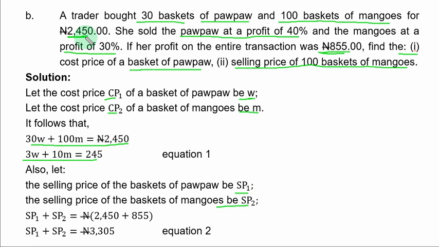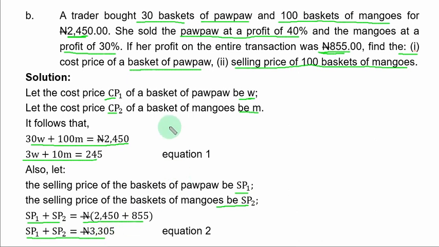So the sum of the selling prices of the two items is equal to the total cost price plus the profit. That is SP1 plus SP2 equal to 2,450 plus 855, and that is SP1 plus SP2 equal to 3,305 naira. So let's call this equation 2.